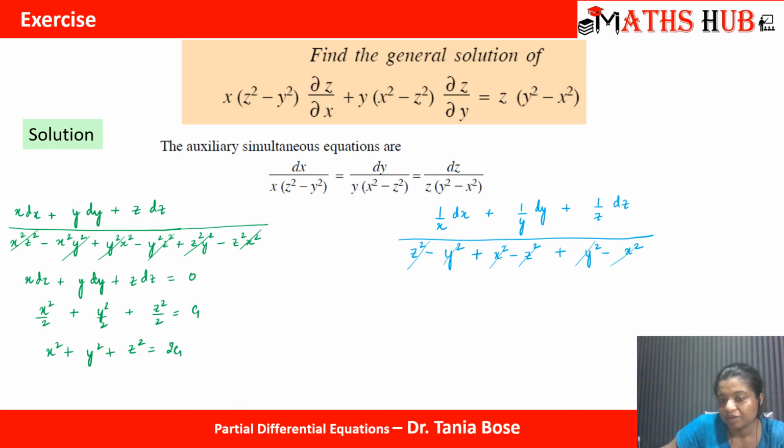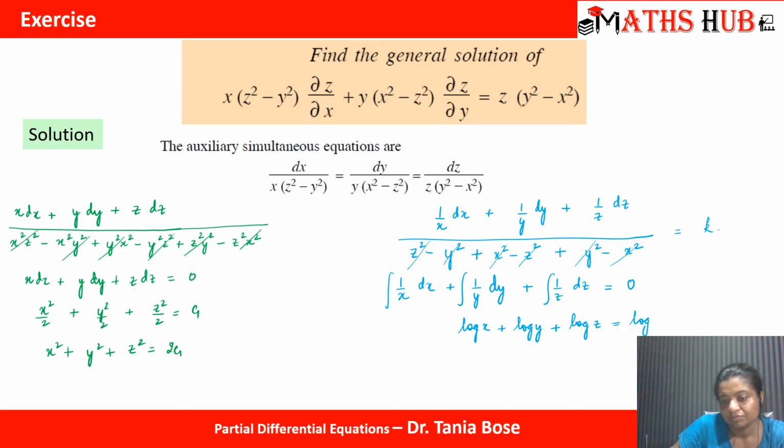So if I put this equal to some constant k, I will get 1 by x dx plus 1 by y dy plus 1 by z dz equal to 0. So you can easily integrate it, right? And when we integrate it, we will get log of x plus log of y plus log of z is equal to log c2, right?